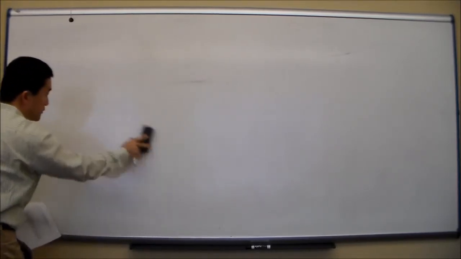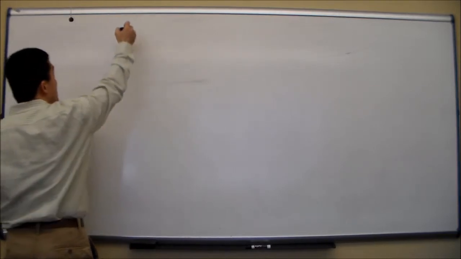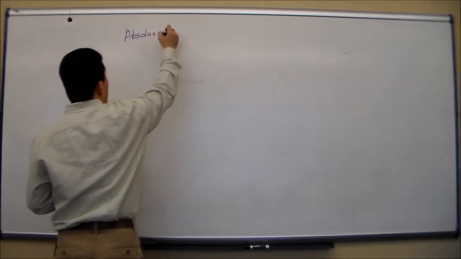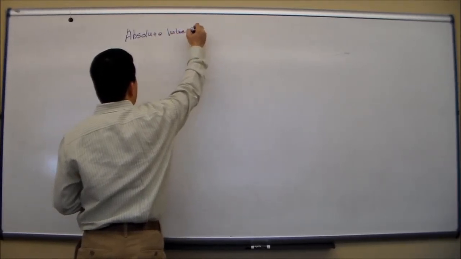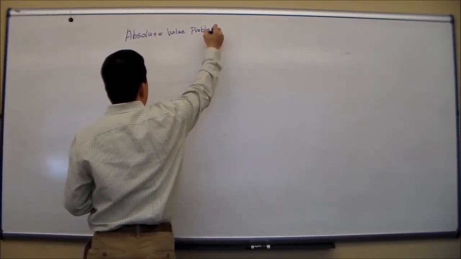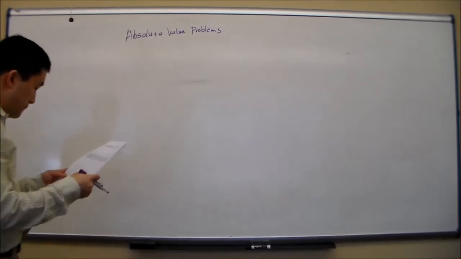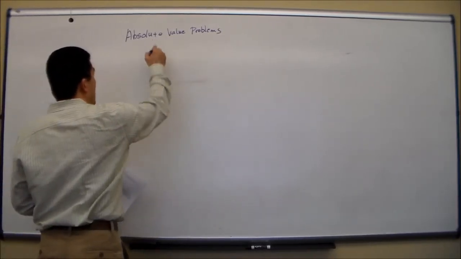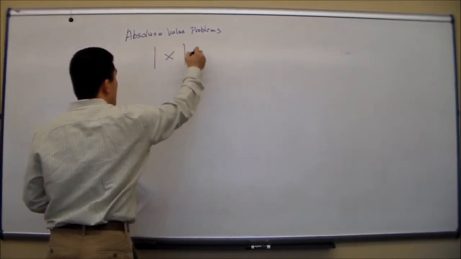Now, let's do absolute value signs. Absolute values are represented by 2 bars. It's like this.